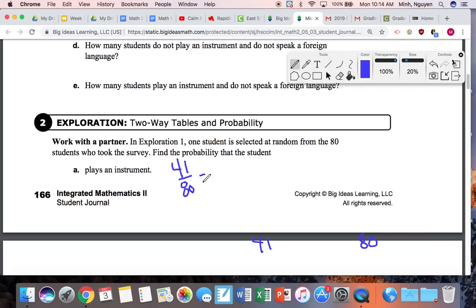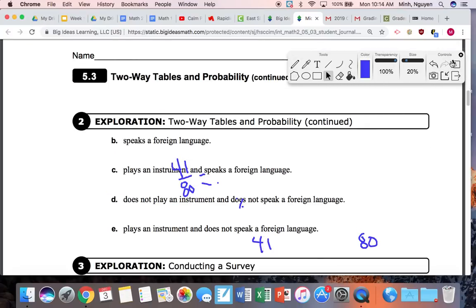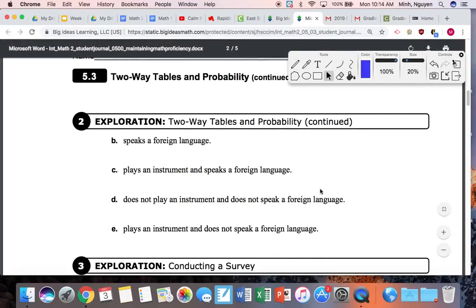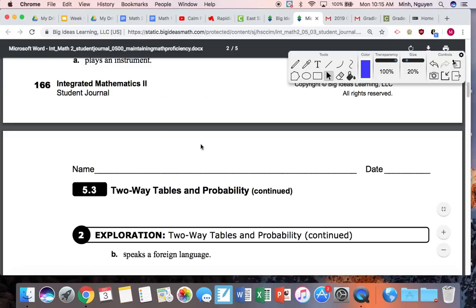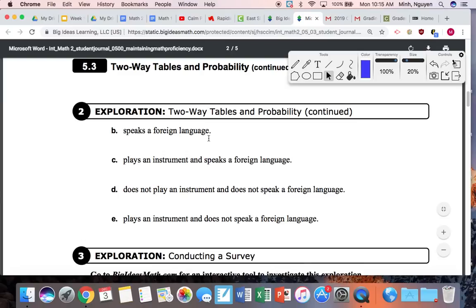And go ahead and tap that into your calculator, find a decimal and a percent. So again, whatever number this is, you find the probability by putting it over the total number of students, and so that's just over 80.